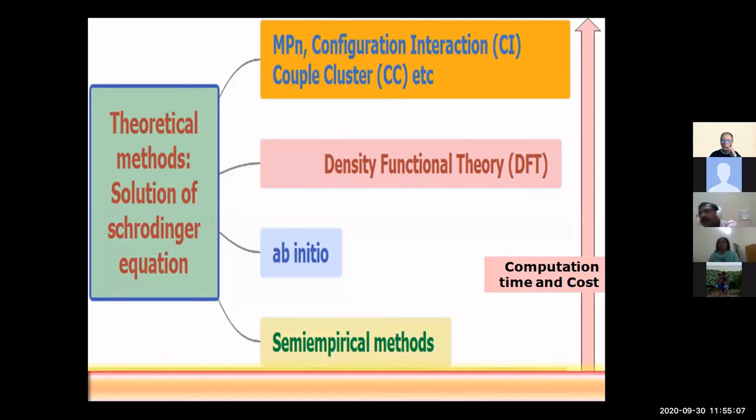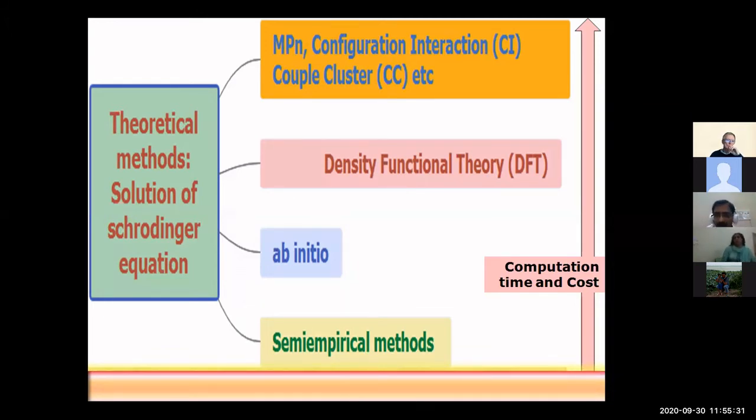Now it is time to understand the different theoretical methods for solution of the Schrodinger equation. As I said, the exact solution cannot be achieved, so it is only an approximate solution which we can get. So which are the different methods for solving the Schrodinger equation? These methods are classified as ab initio methods, about which we should talk briefly.